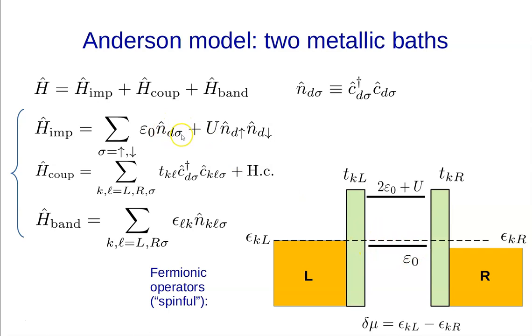So there's the number operator for the d level or the impurity level, and notice that there's a sum over spin here. This is for a given spin sigma. So the sum will be n_d up plus n_d down. And the energy is independent of the spin.